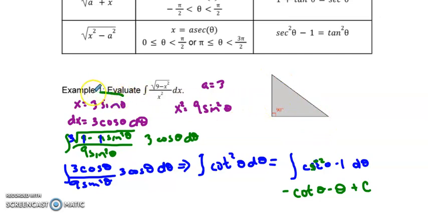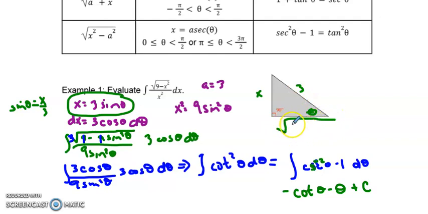Well, I'm going to start with x equals 3 sine theta, and that means that sine theta equals x over 3. So if I take this triangle and I label this as theta, and I know that my sine theta is my opposite over my hypotenuse, I can use the Pythagorean theorem to solve for this side, which is going to be the square root of 9 minus x squared.